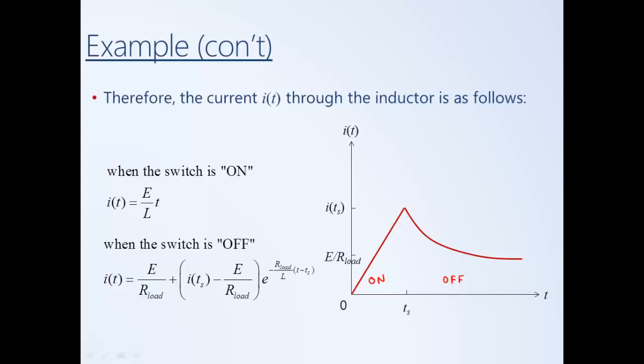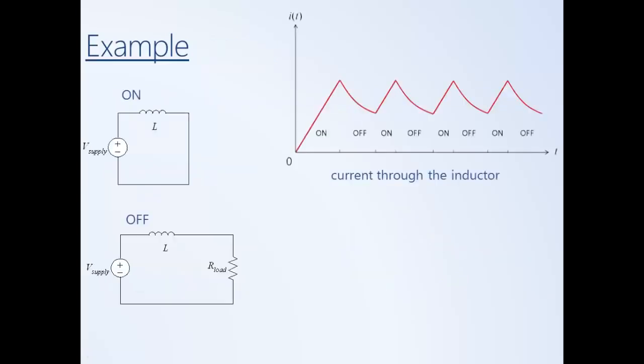The way that this boost converter works is to continue to switch the switch on and off in order to achieve an output voltage at the level that we desire. So if we continue to do that, we get this sort of behavior.